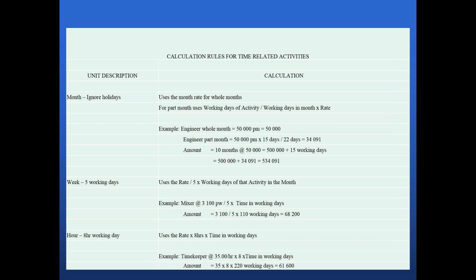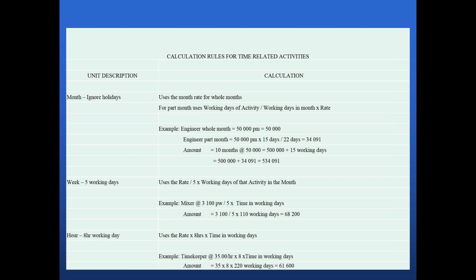For example, an engineer who earns 50,000 Rand for a whole month will obviously be 50,000 Rand, but a part month of 15 working days in the month will be 50,000 Rand times 15 over 22, which is 34,091. So the total amount for 10 months and 15 working days would be 10 times 50,000 plus the 34,091, which is 534,091.